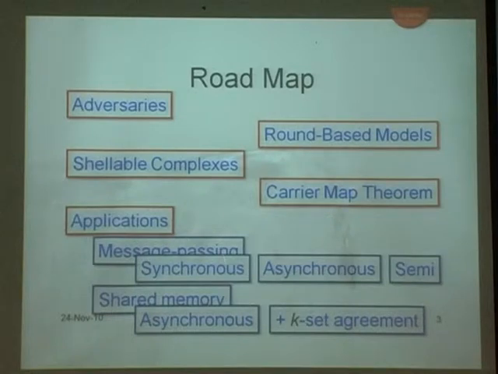Then for applications, we're going to go through the various different models and how we can use a single big theorem to reduce reasoning about these models, which superficially look very different, to almost the same thing. So this is a kind of grand unified theory of different failure models.